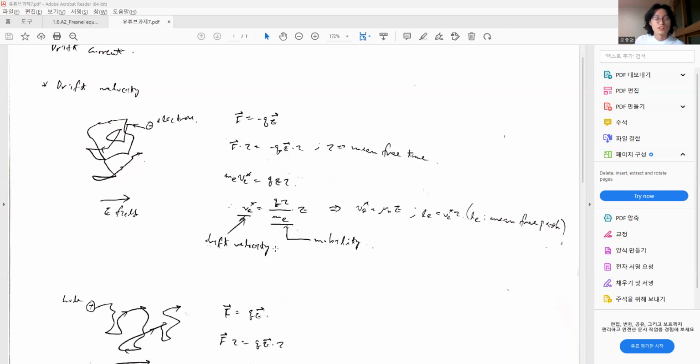So this drift velocity can be expressed as the multiplication of mobility and electric field.